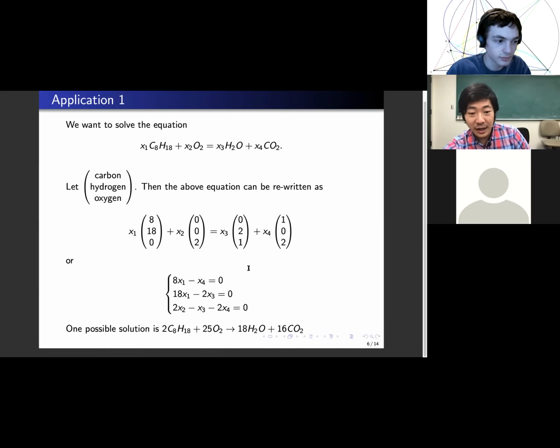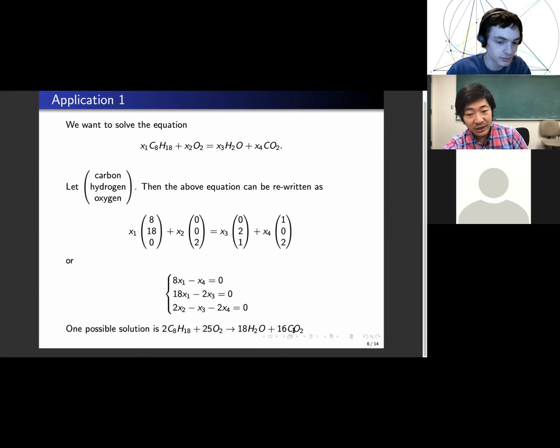And using whatever method you learned, you can figure out that one possible solution is 2, 25, 18, and 16. And this is a case of when there are infinitely many solutions to your linear system of equations.